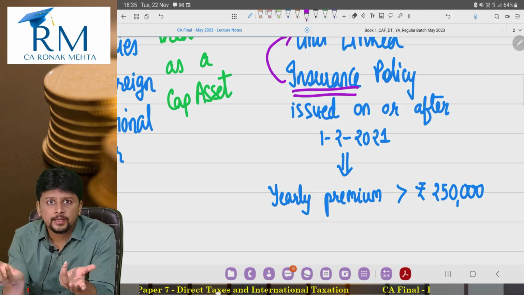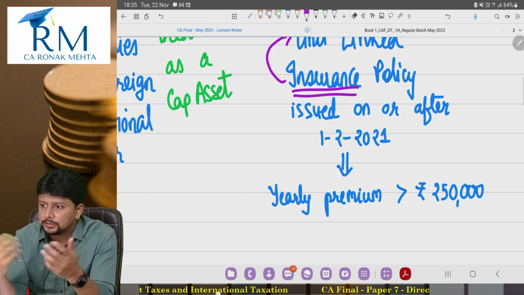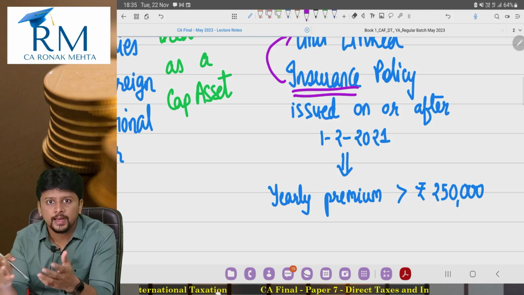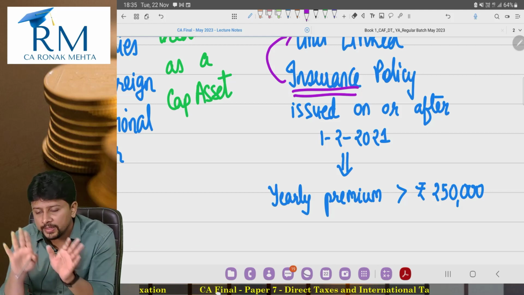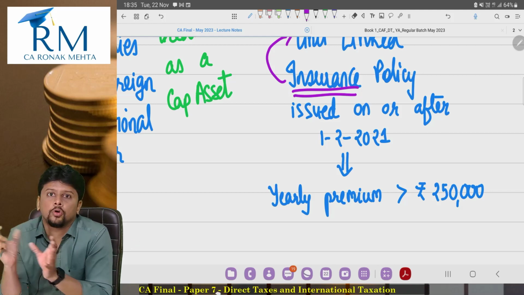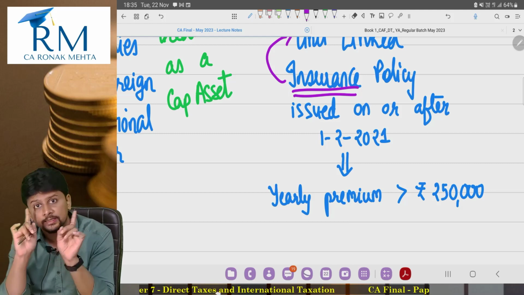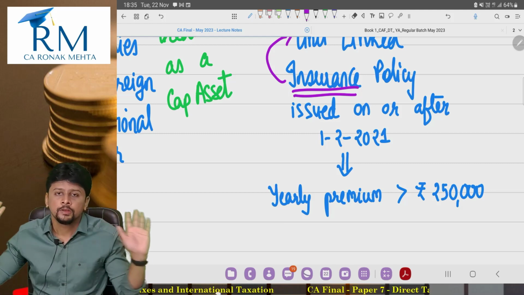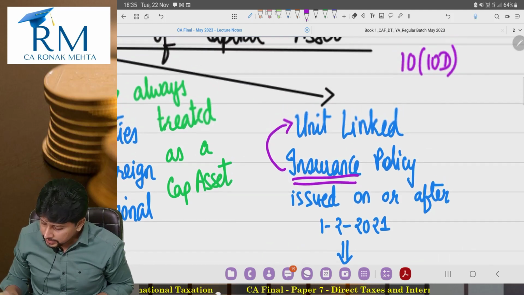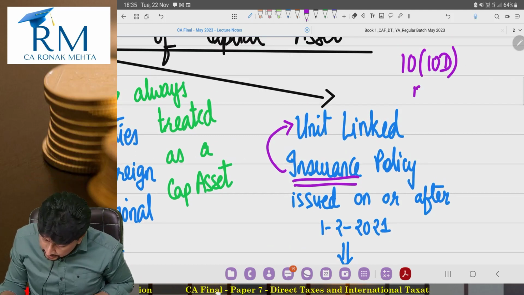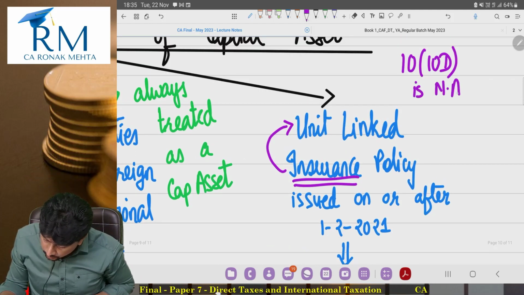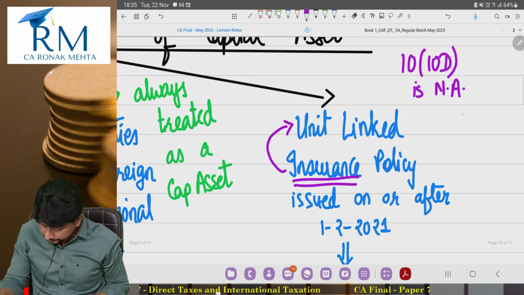This is investment, because you are paying 3 lakhs, 3,20,000, 4 lakh, 5 lakh, 10 lakhs of premium. So you are basically investing into these so-called policies. So this is not insurance, this is investment, and so we are going to tax it. Section 10(10D) exemption will not be allowed for these type of ULIPs.